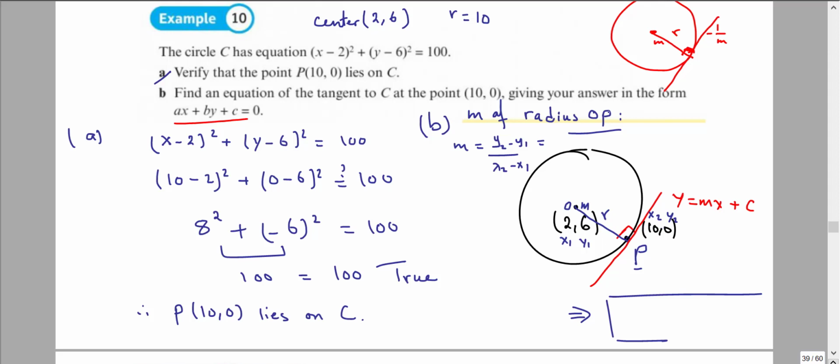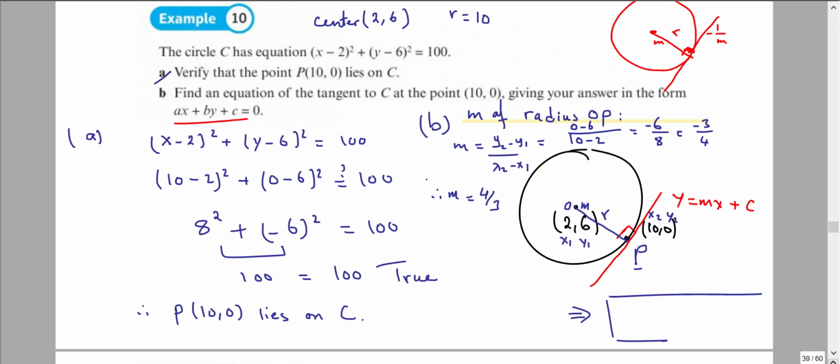So 0 minus 6, negative 6, divided by 10 minus 2. That's negative 6 over 8, simplify, negative 3 over 4. Therefore M will be, flip and change the sign, 4 over 3. This is negative 3 over 4, flip it and change the sign.